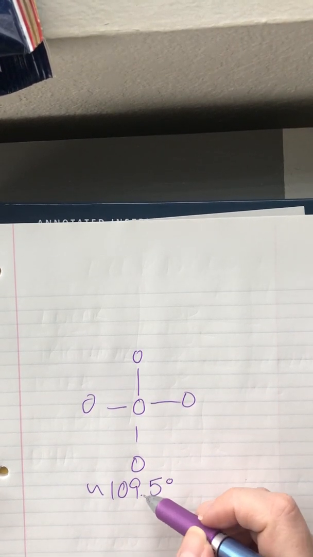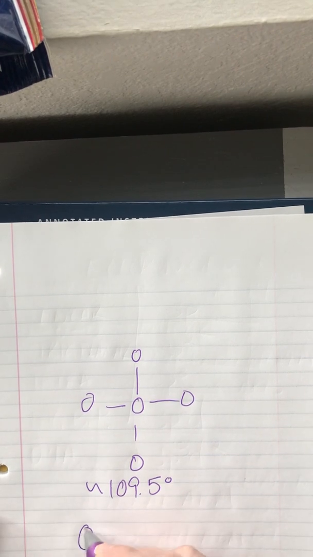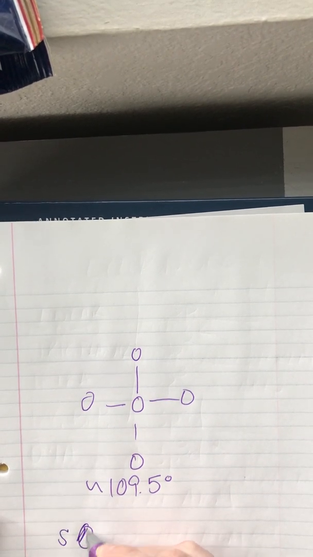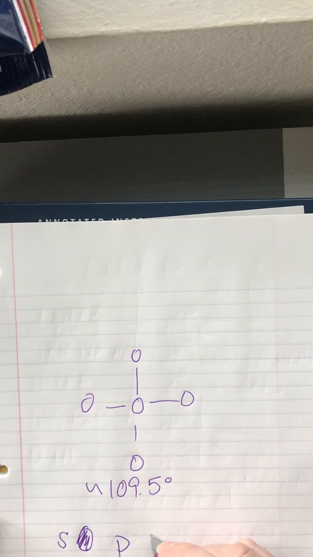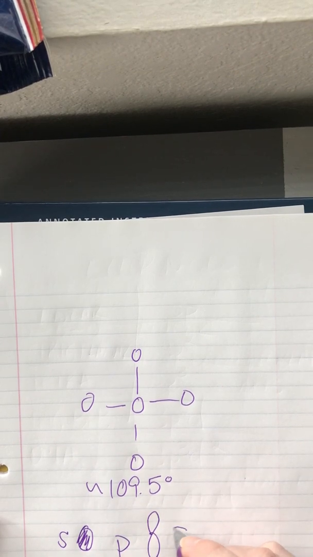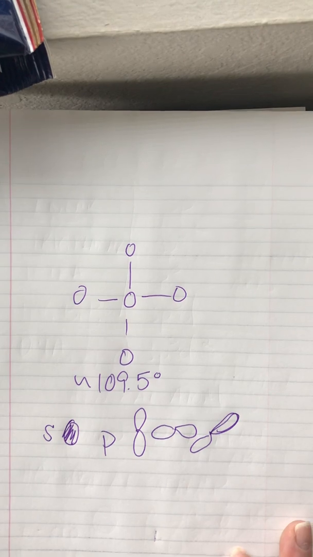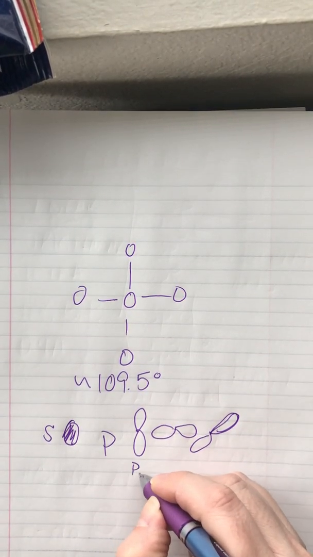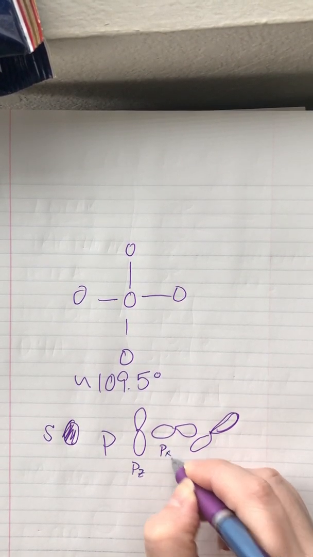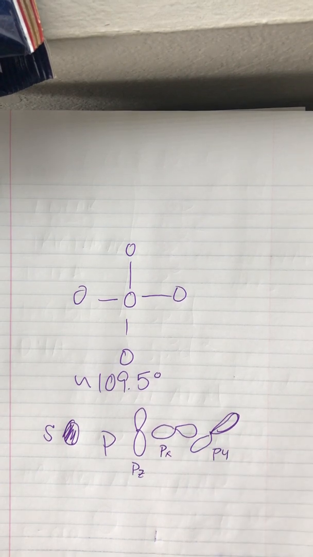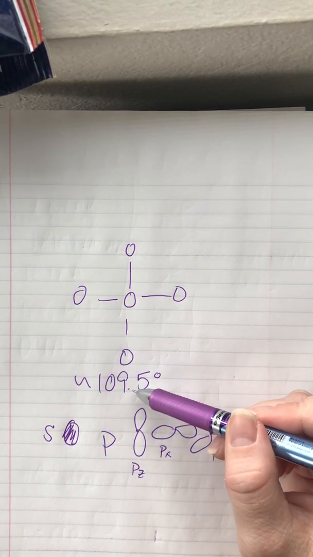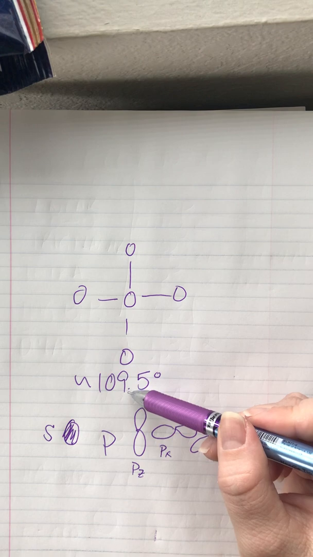So the question is if I have this s orbital and these really ugly, sorry guys, I'm such a bad drawer, these 3 p orbitals, how am I supposed to get 109.5 degree angles, right?